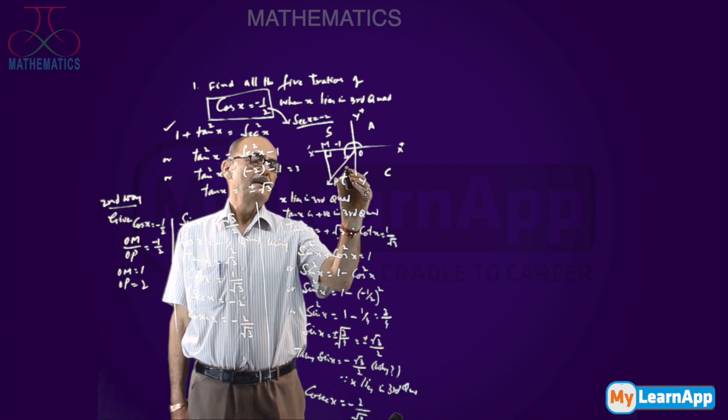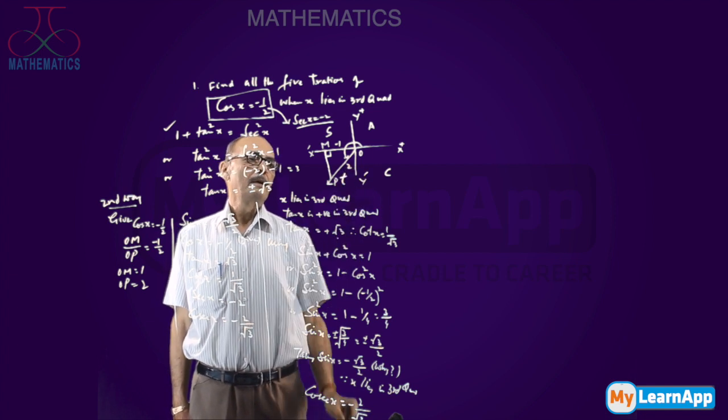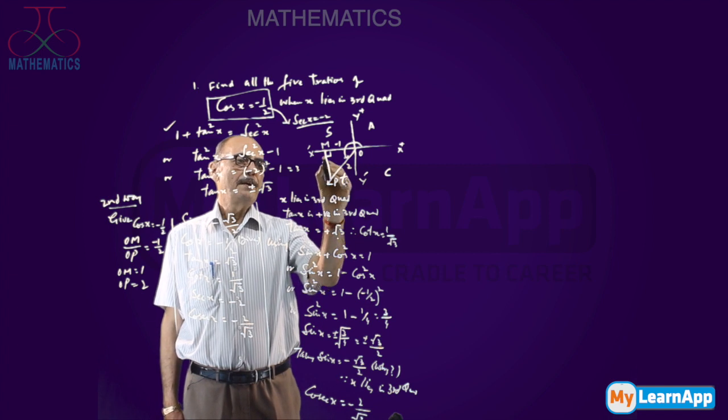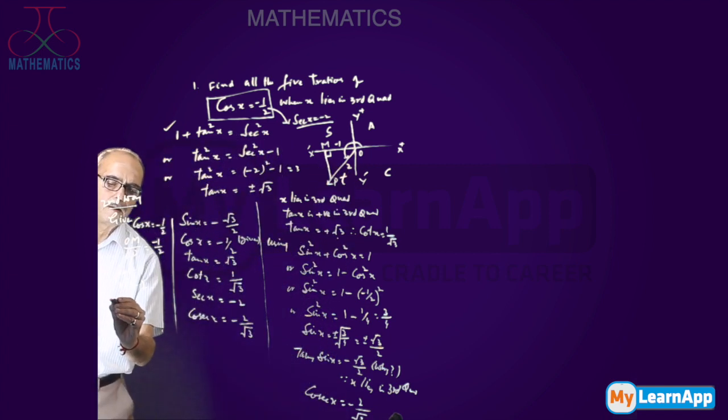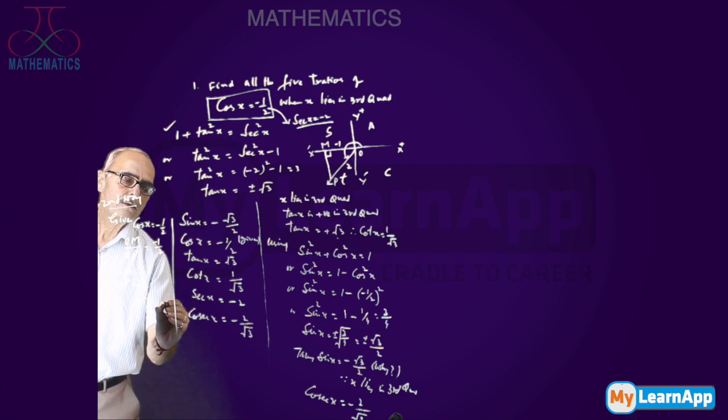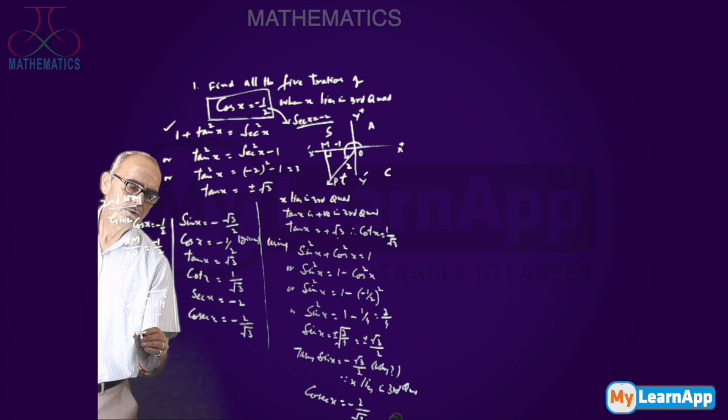This side is 2 units, and you need to find out PM. PM is the square root of OP square minus OM square, with plus minus sign. So this will be plus minus root of 4 minus 1, plus minus root 3.